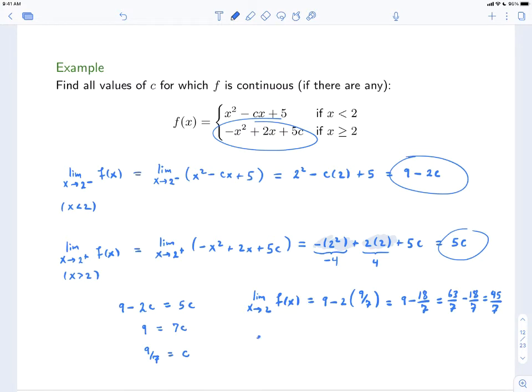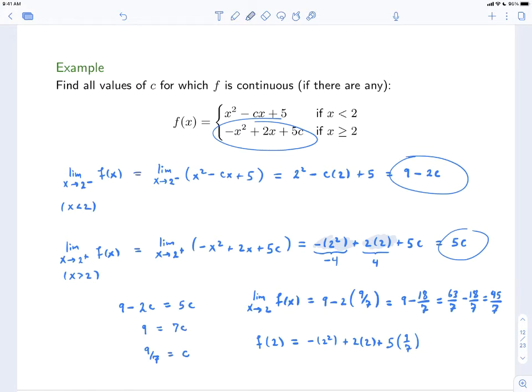If you actually compute f of 2, now if x is equal to 2, then we use this rule on the bottom, which is minus 2 squared plus 2 times 2 plus 5 times the c value, which we've determined is 9 over 7.